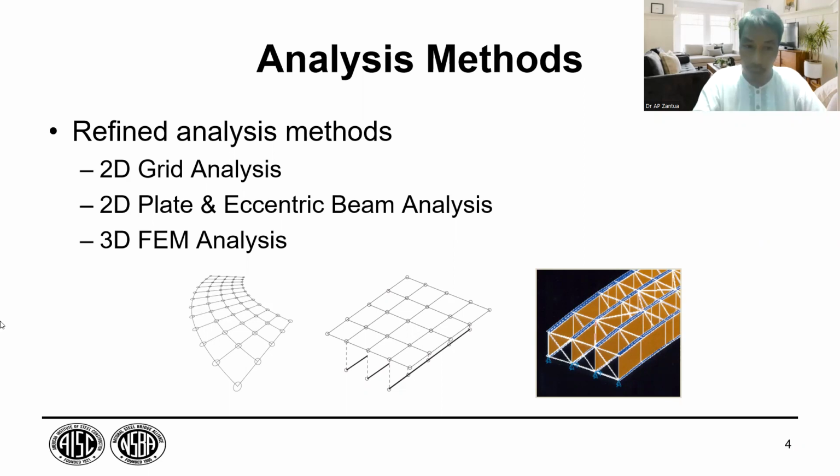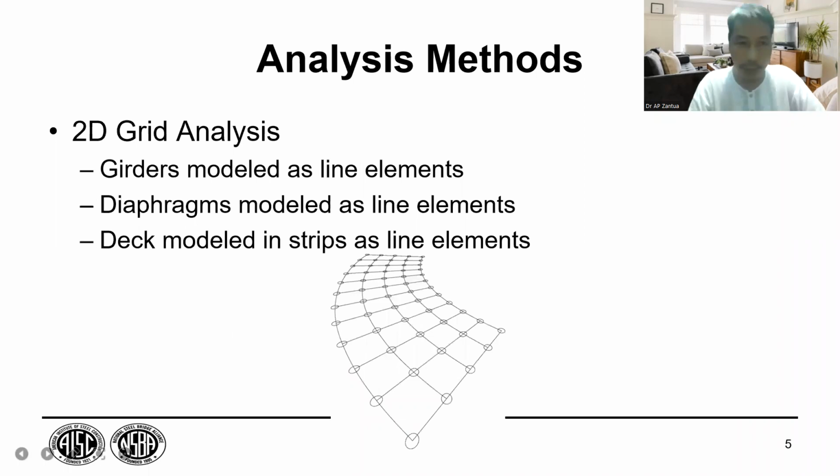That is what we mean by FEM, meaning F, finite, E, element, M, method, finite element method analysis. Okay. So again, what do we mean by 2D grid analysis? So it means girders modeled as line elements. Again, line elements. Diaphragms modeled as line elements again.